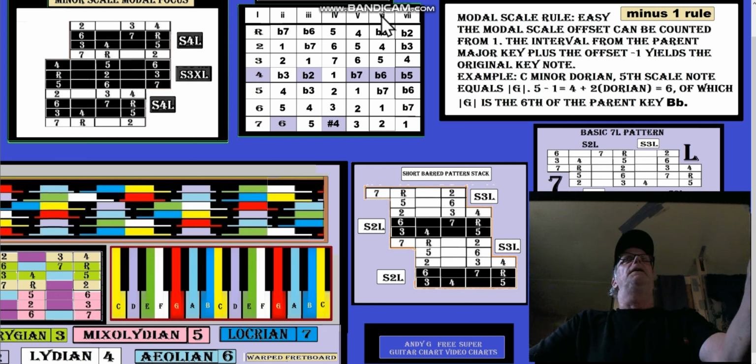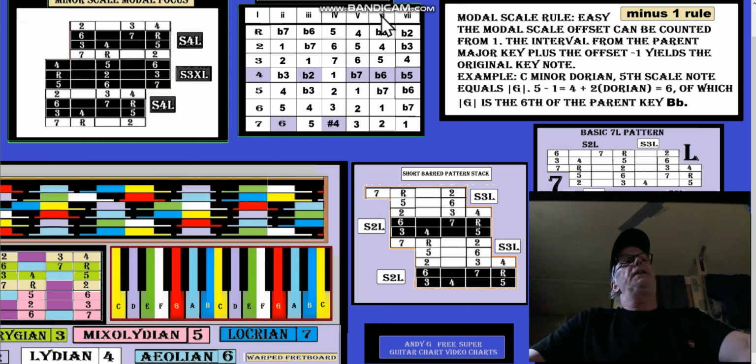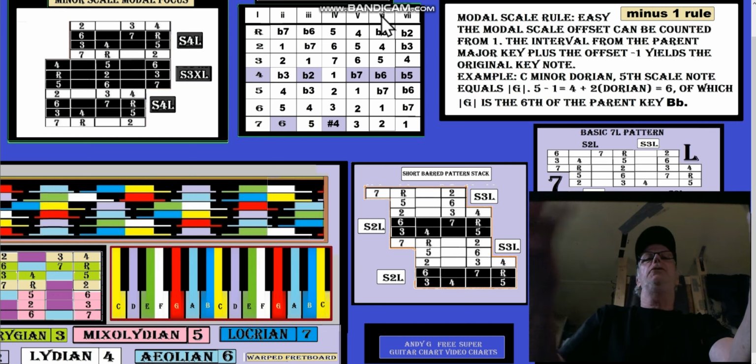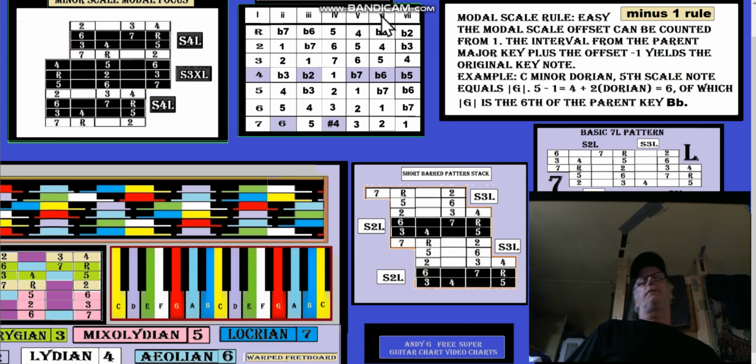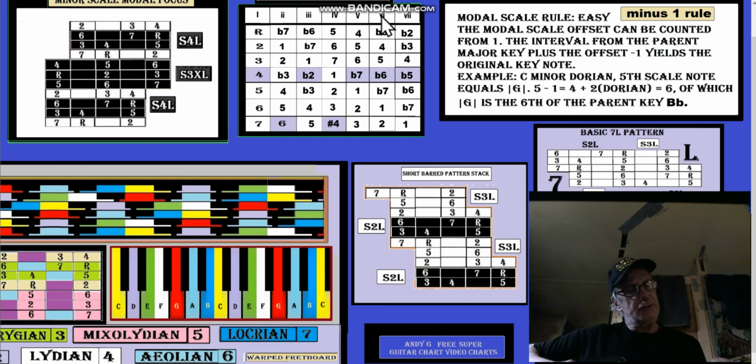Now, doing a pentatonic may or may not give you enough information, but usually people want to play a minor and do a little progression. So let's say we start on E minor.